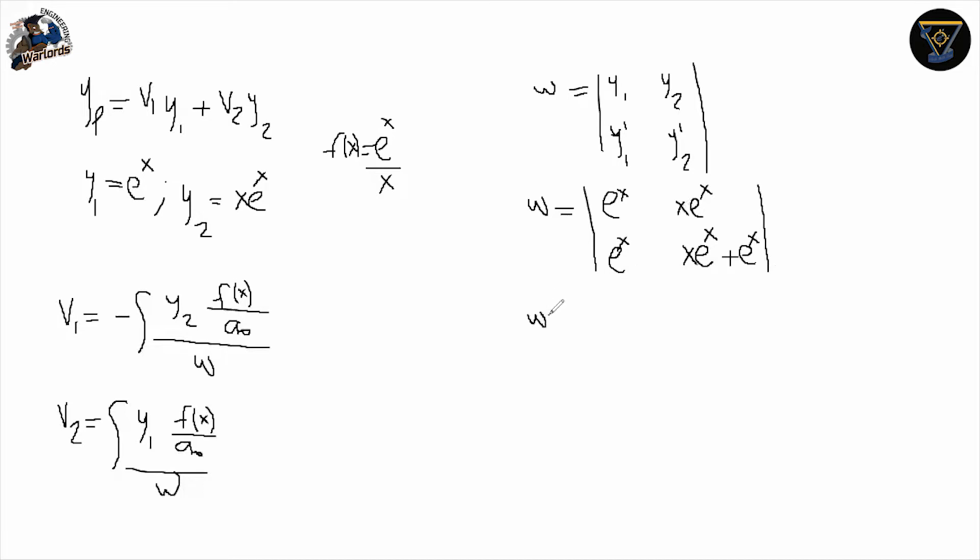So W is equals to, so what we're going to do now is that we're just going to cross multiply, and you're going to minus the values, right?